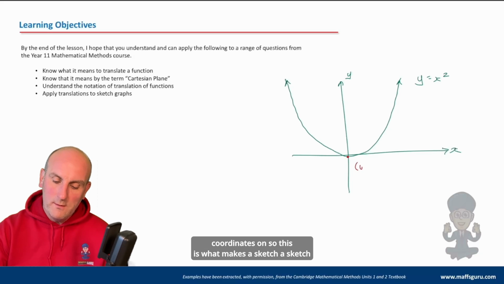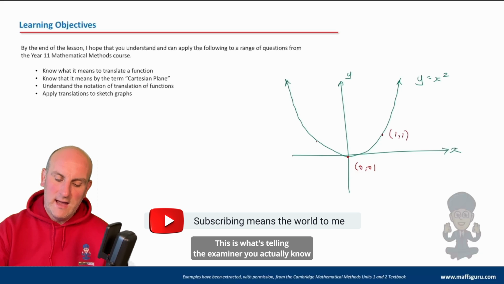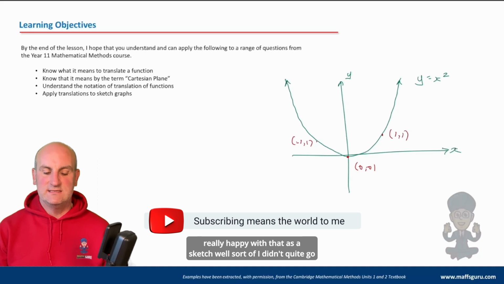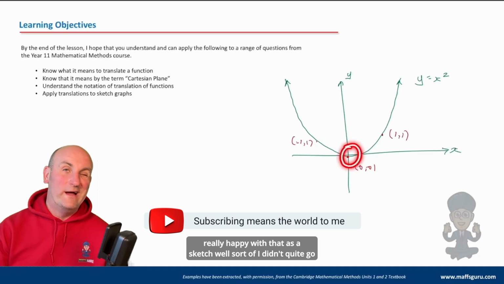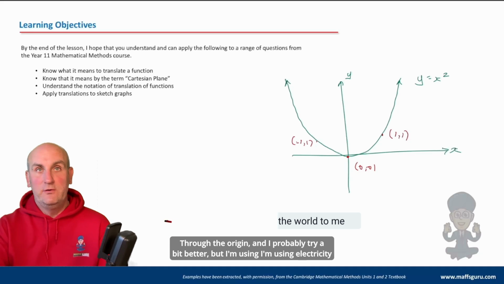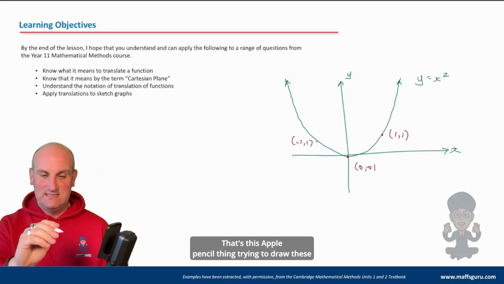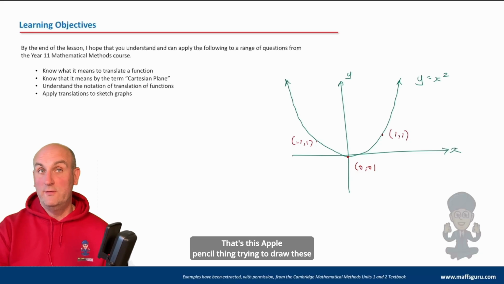So this is what makes a sketch a sketch. This is what's telling the examiner you actually know what you are doing. If I was marking this, I'd be really happy with that as a sketch. Well, sort of. I didn't quite go through the origin, and I'd probably try a bit better. But I'm using this Apple Pencil thing, trying to draw these graphs.